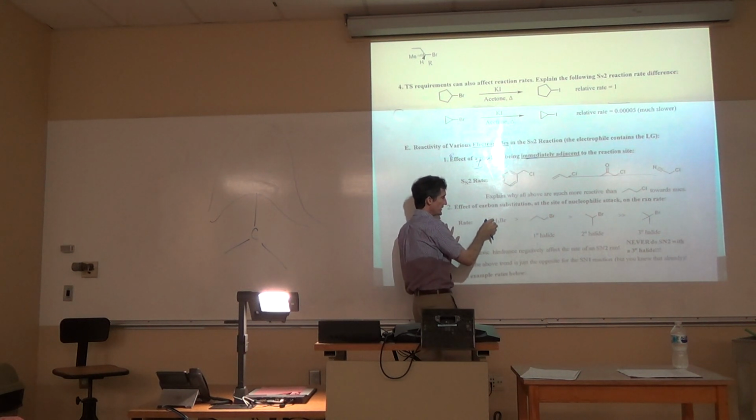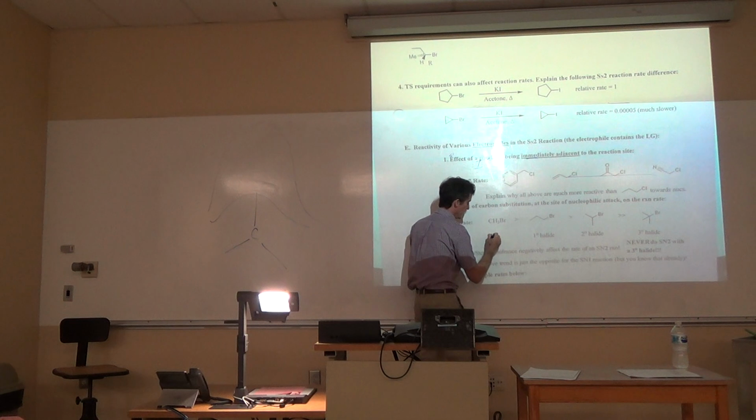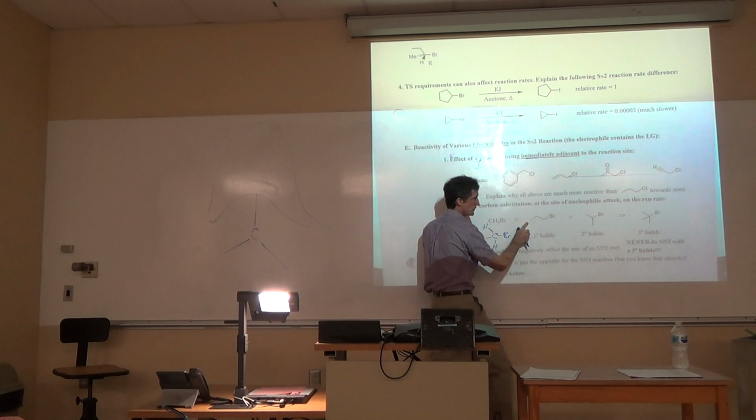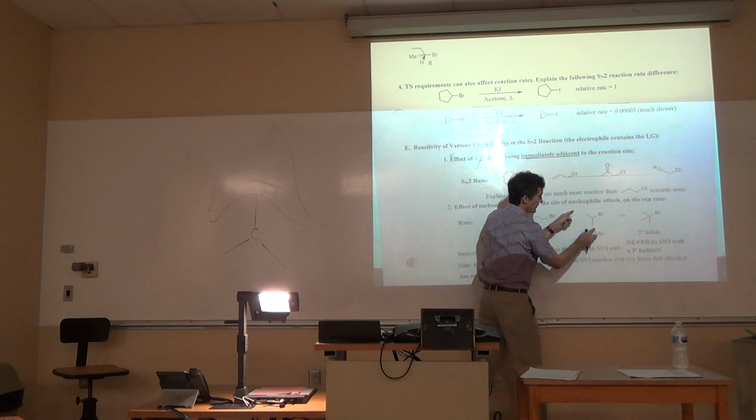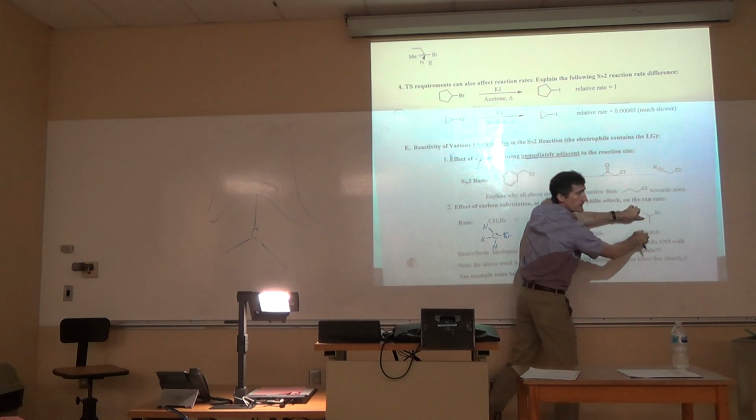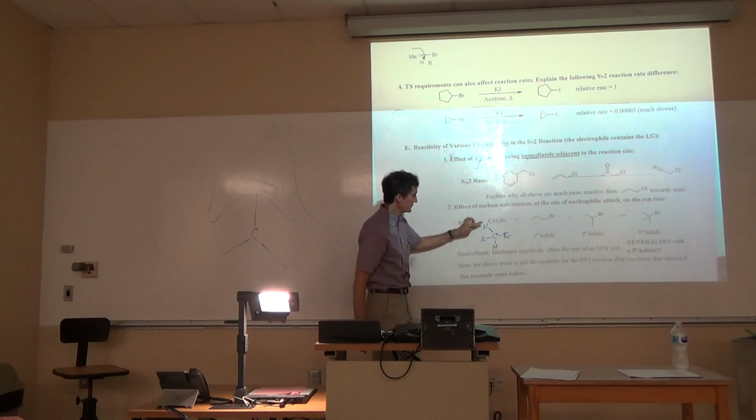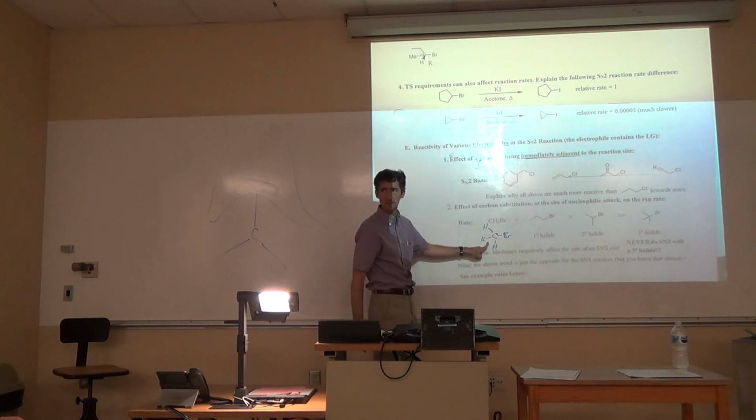Substitution on the tetrahedral carbon that gets attacked. Again, we know that this is CH3. Here the carbon has one carbon group. Here the carbon has two. Here the carbon has three. So the substitution at the tetrahedral carbon is increasing. This is more reactive.